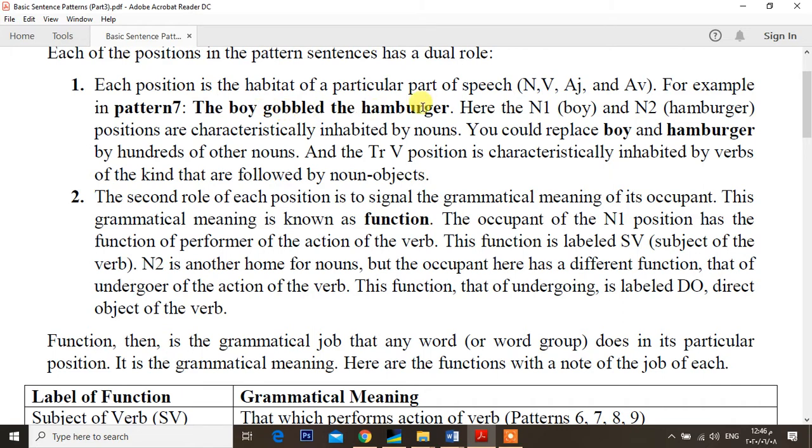This function, that of undergoing, is labeled DO, which stands for direct object of the verb.